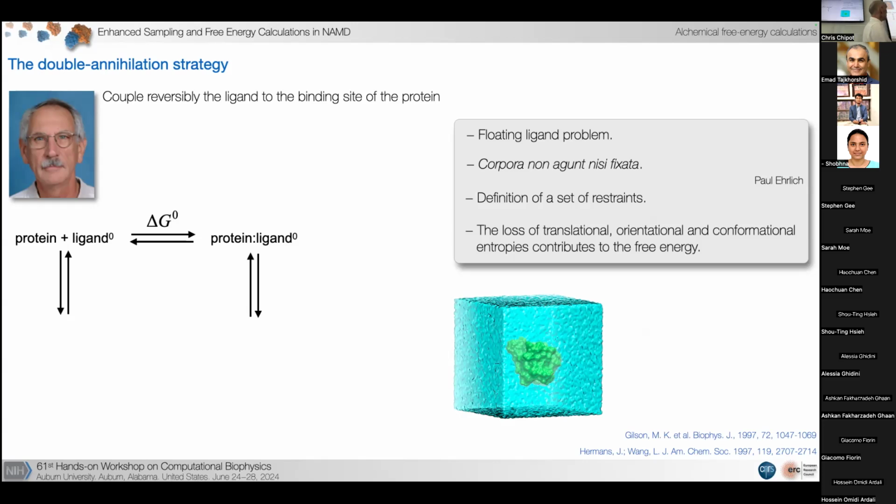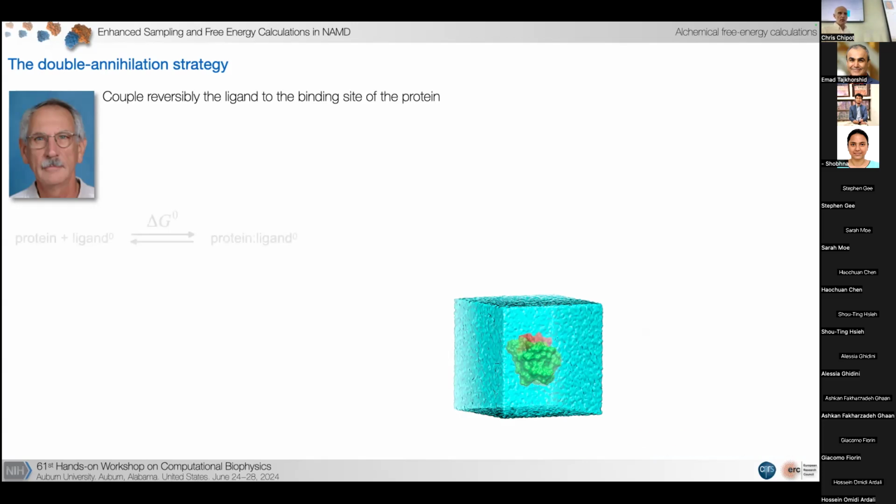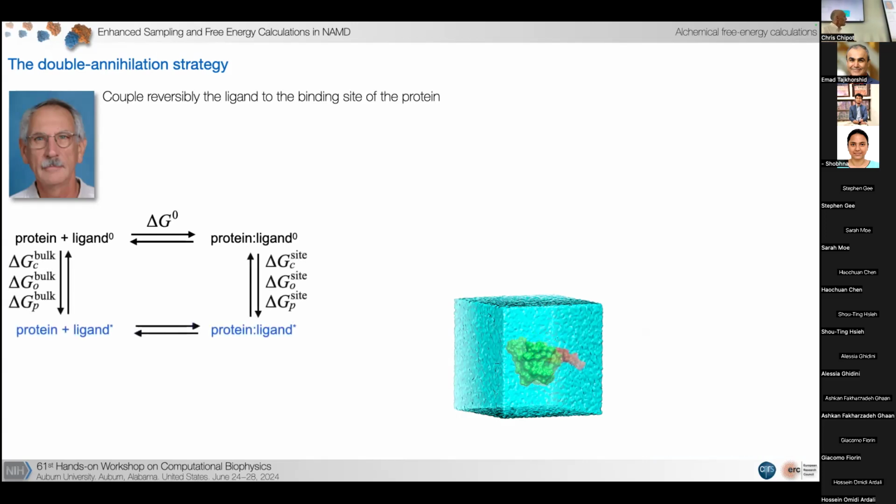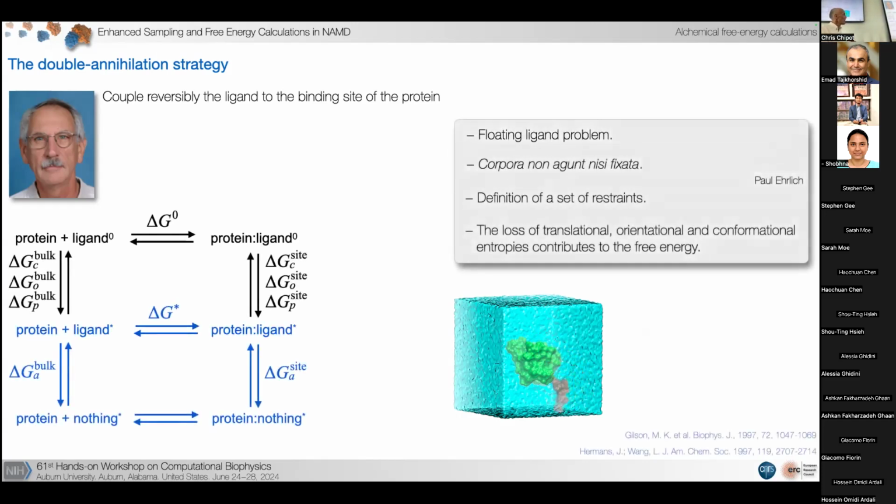And the way to address this is by adding a set of restraints. And so what you will do is you will rewrite or recast your thermodynamic cycle. So ligand 0 would be the unrestrained ligand, and you would add some restraints to prevent this thing from happening.